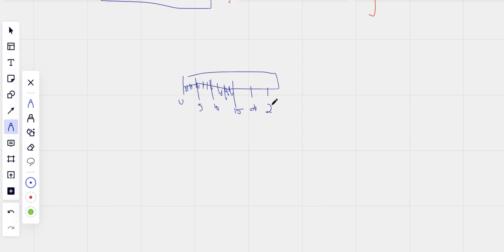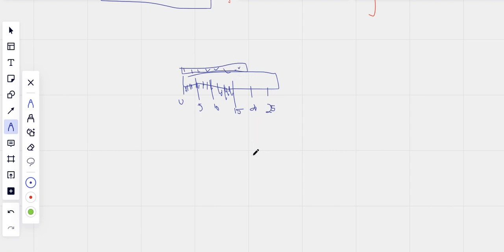Let's say this is what we have. We want to read values here, and we've put an object here, and we're measuring from here to here. We're measuring this object.